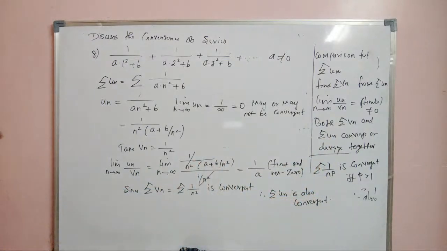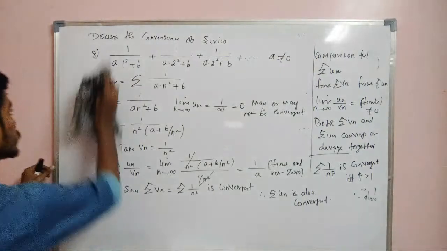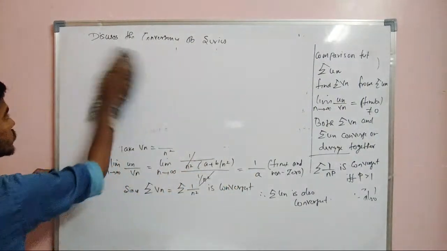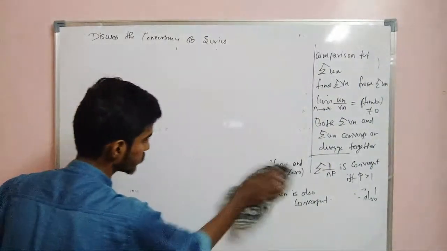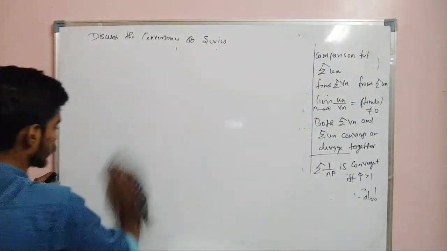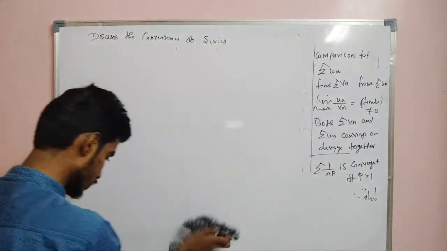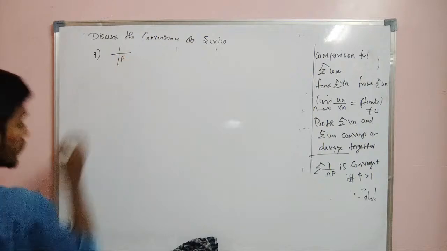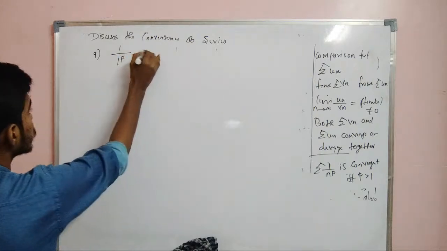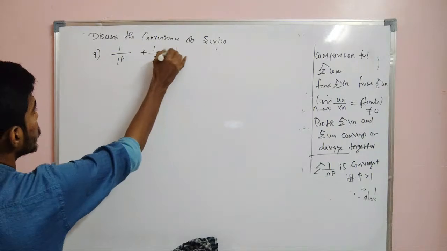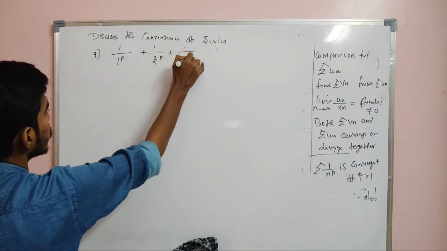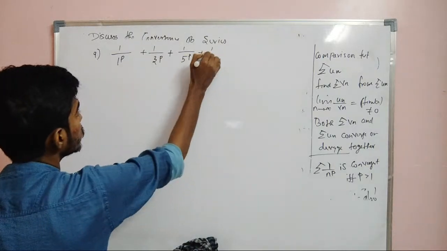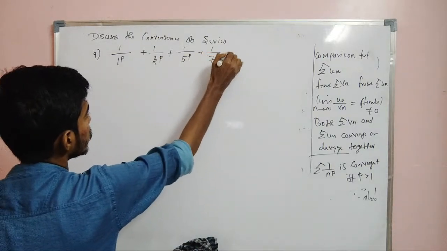Yes. Now we'll move on to the 9th problem. 1 by 1 power p plus 1 by 3 power p plus 1 by 5 power p plus 1 by 7 power p and so on, right?